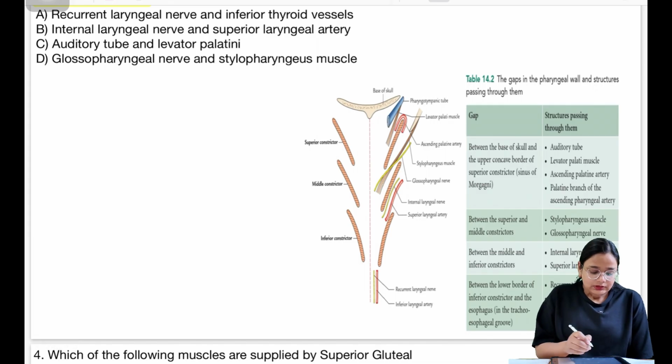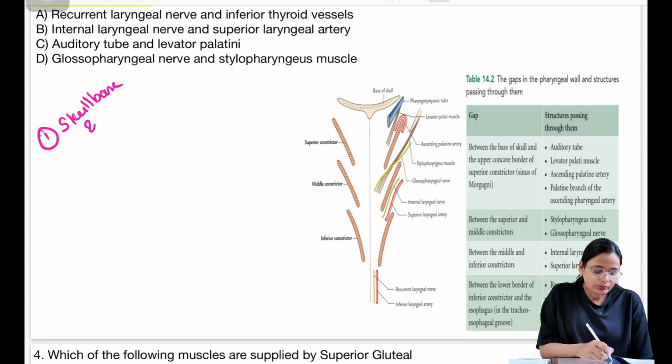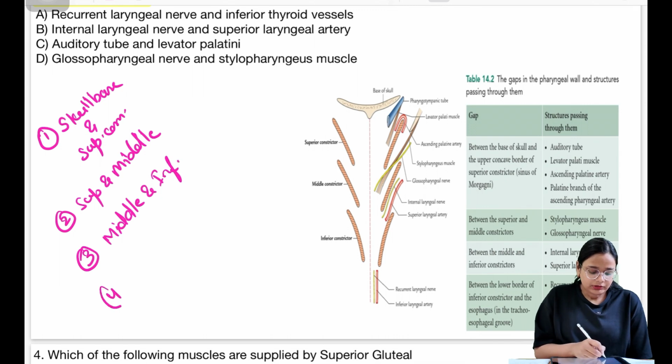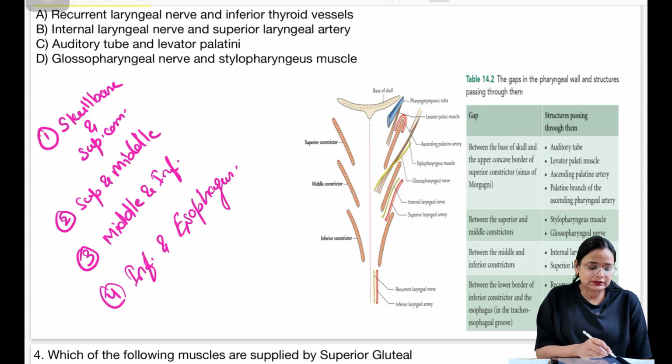The first area is between the skull base and superior constrictor, the second is between superior and middle constrictor, the third is between middle and inferior constrictor, and the fourth is between inferior constrictor and esophagus. We need to remember all the structures which pass through these areas.